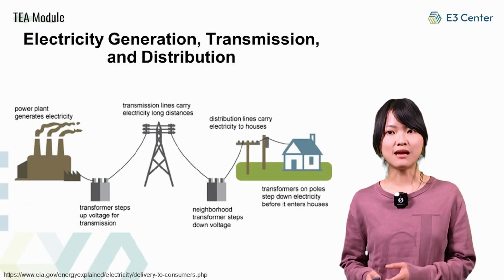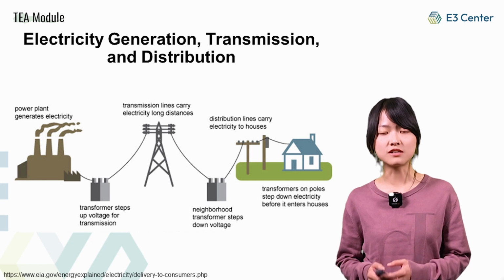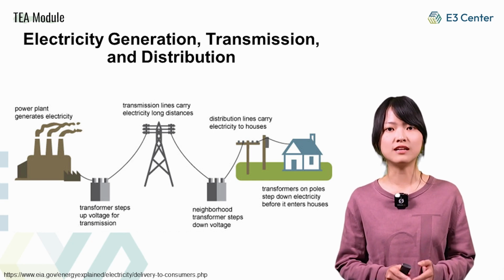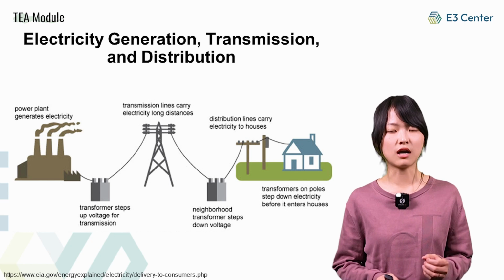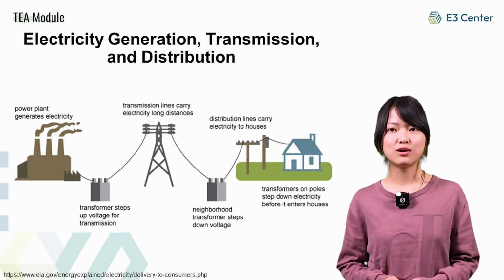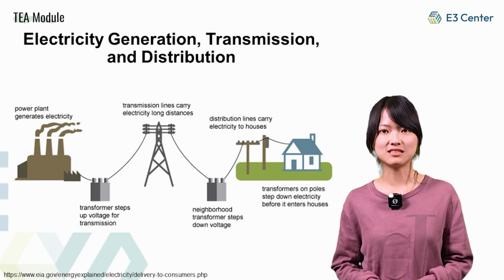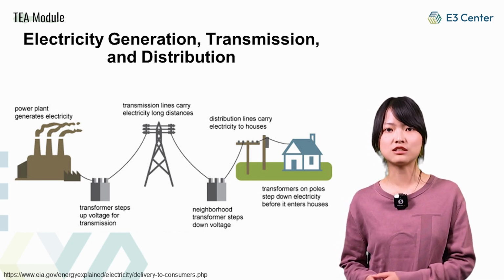As we examine the levelized cost of electricity, it is crucial to first understand the basics of the electric power grid, how electricity is delivered to consumers. The process begins at the power plant, where electricity is generated. This is the starting point of our electricity supply chain.